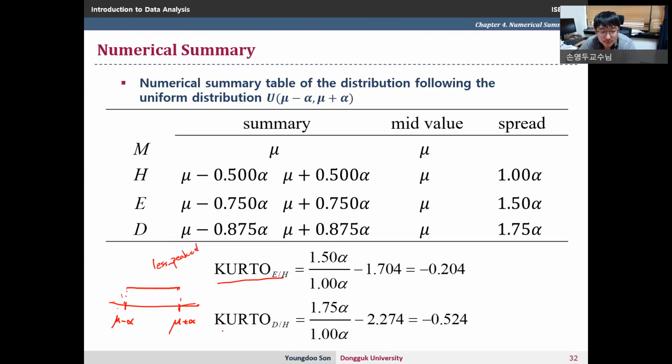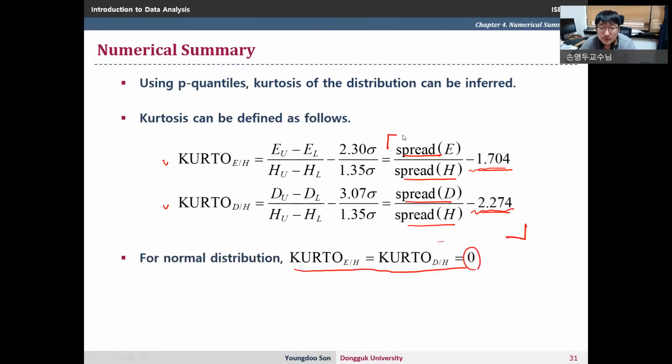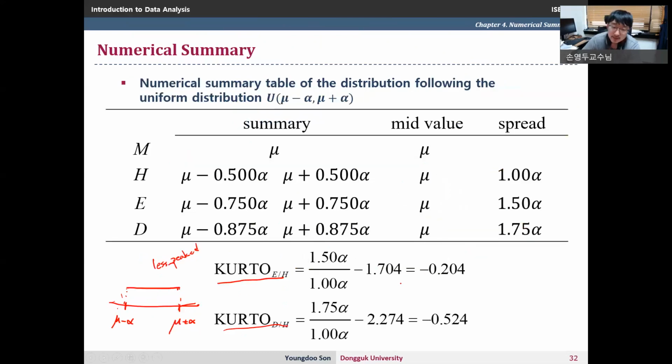Calculating kurtosis with the numerical summary table, as we see with the definition over here, we get kurtosis values of minus 0.2 and minus 0.5. Because they are negative, we can say that the uniform distribution is less peaked or thin-tailed compared to the normal distribution.